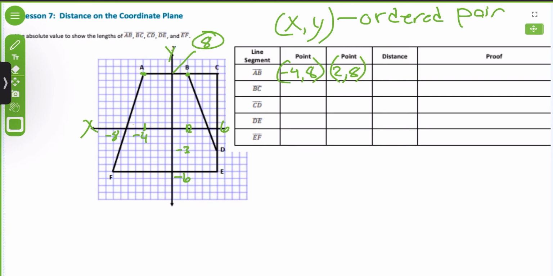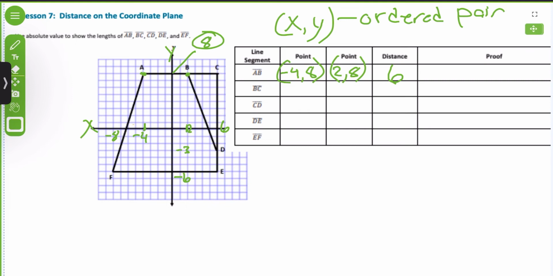Now, it wants to know what is the distance of that. How long is that line? Six. How did you get that? I just counted. Right? Notice in the directions it says use absolute value to show the length.